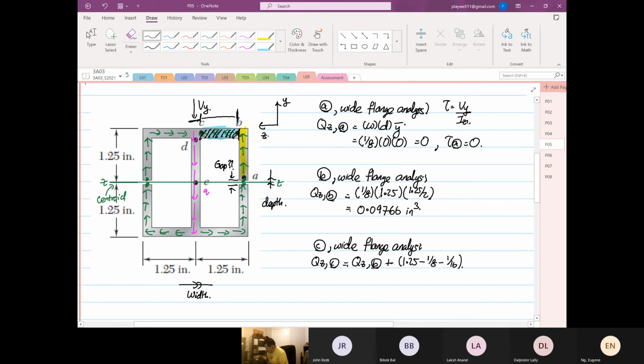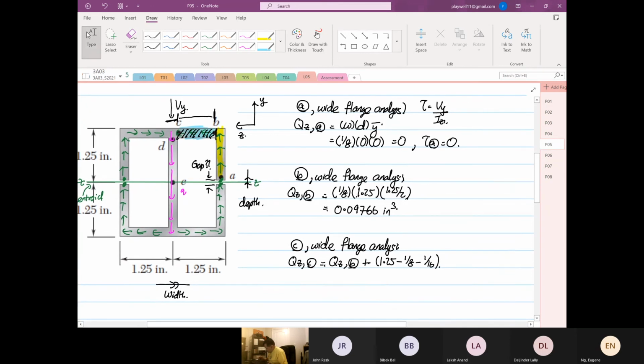Because it is half. Okay, so that's the width, and then the depth is 1/8, and then the y bar is 1.25 minus 1 over 16, or 1/8 multiplied by half.